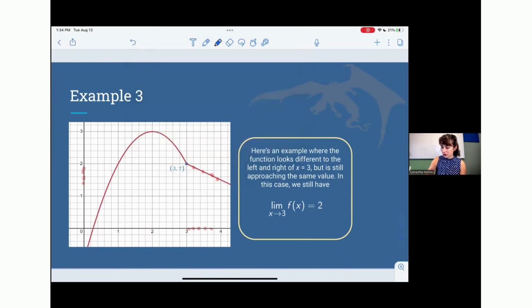Or, again, if we look from the left side and let our x values get closer and closer to 3, look at the corresponding points, and then the corresponding y values, the y values are getting closer and closer to 2. So from either side, no matter how you approach 3, your y values are getting closer and closer to 2. And so we get to say that the limit as x approaches 3 of f of x is 2.